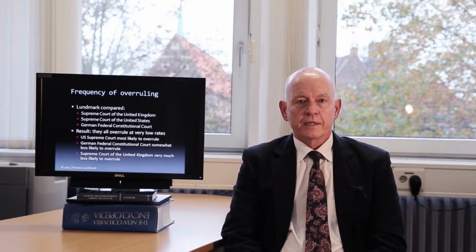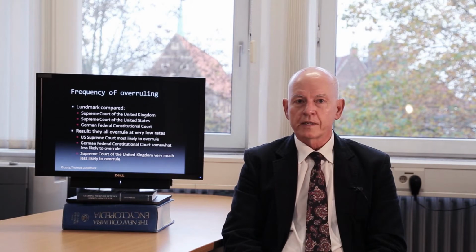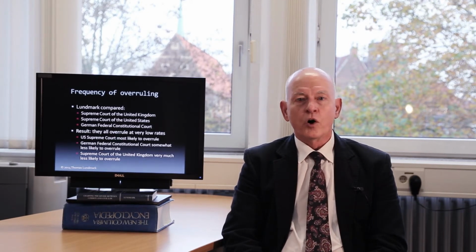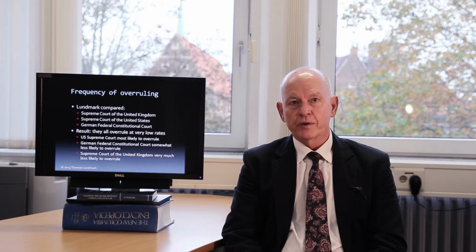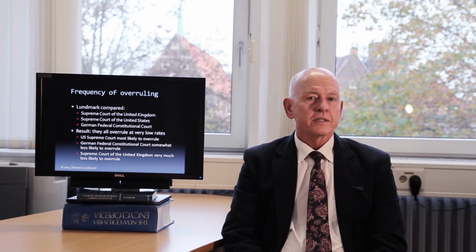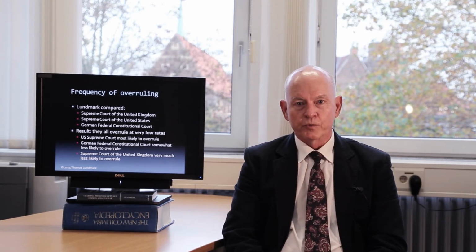In a study I did, I compared the overruling practices of the Supreme Court of the United Kingdom, the Supreme Court of the United States, and the German Federal Constitutional Court. I concluded that they all overrule at very low rates. I found that the United States Supreme Court was the most likely of these three courts to overrule.